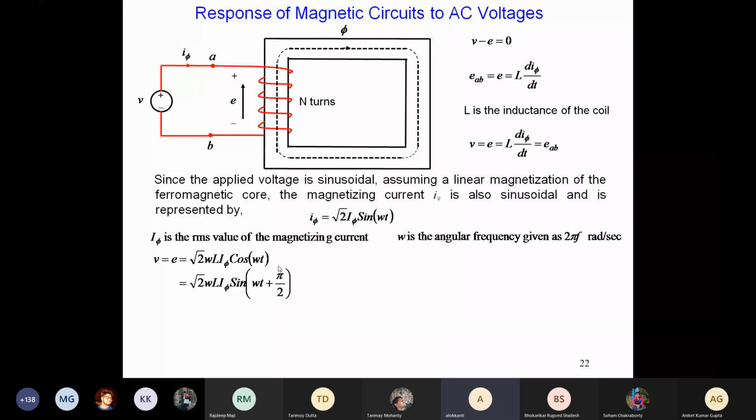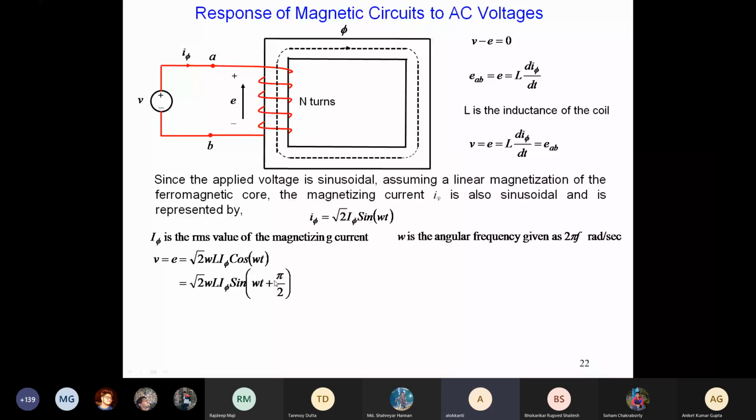Is it okay, cos to sine? Yes, omega t plus pi by 2 is in the second quadrant, where sine is positive, and since it is an odd multiple of pi by 2, sine becomes cos. So these two expressions are equivalent.